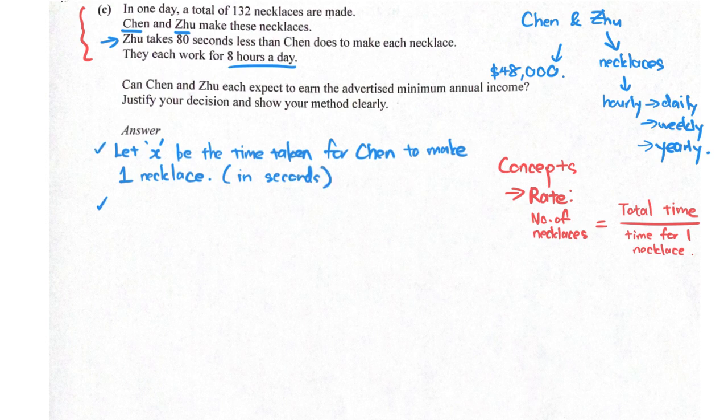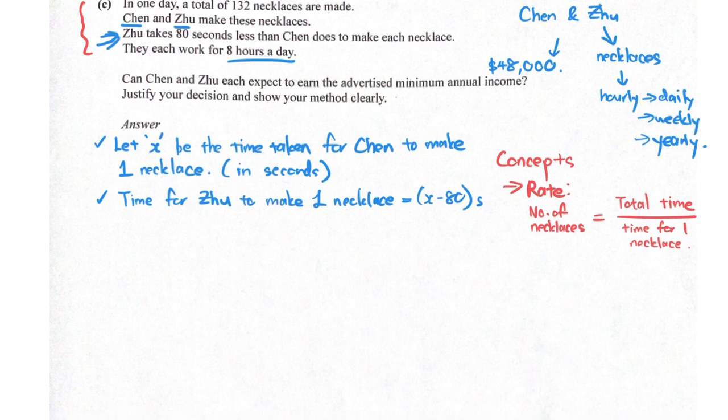And naturally, the time taken for Zhu to make one necklace will be related to this x. The relationship is x minus 80 seconds, because Zhu is faster based on this statement here.